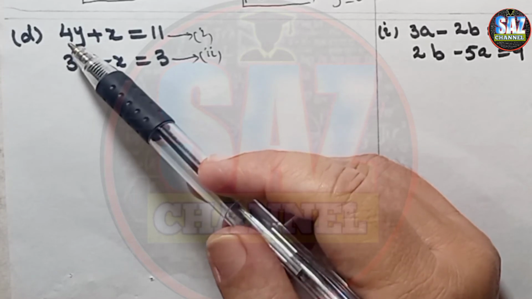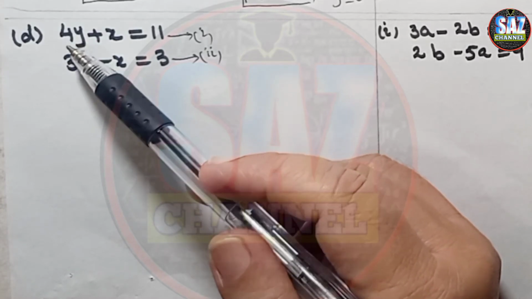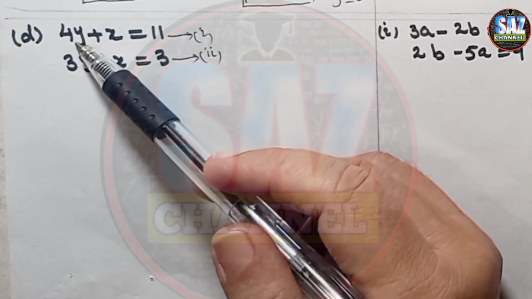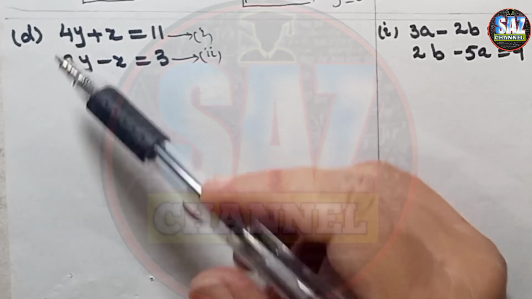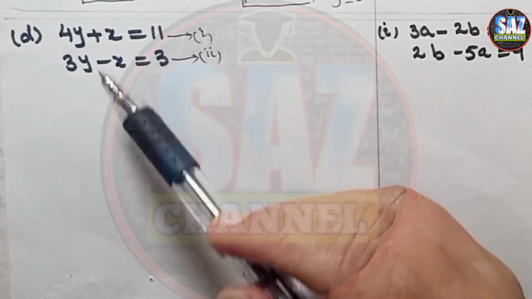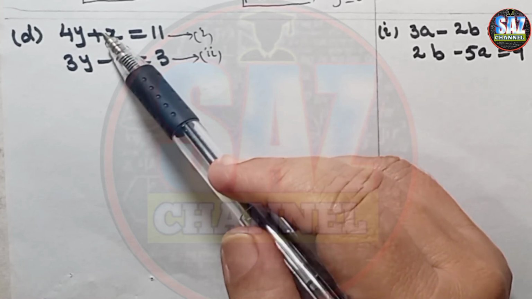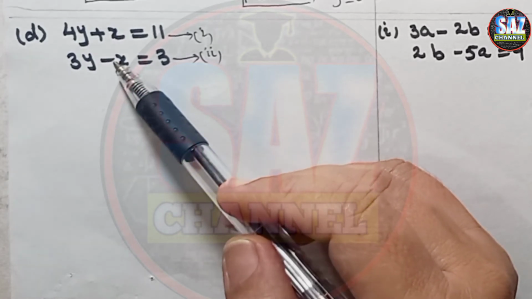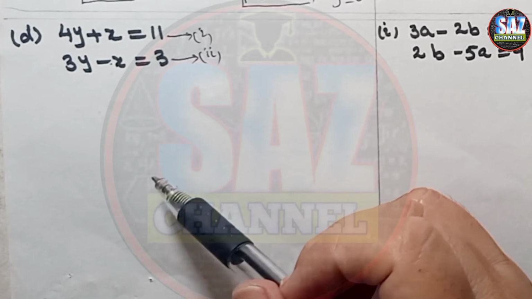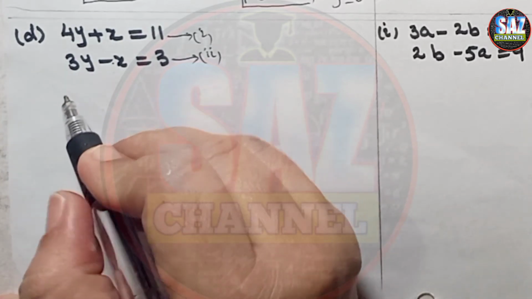If we look at the coefficients of y in both the equations, the first equation has y with 4 as the coefficient. In the second equation, the coefficient of y is 3. Now, if we check the coefficients of x in both the equations, the coefficient of x is 1 with opposite signs. So the rule applied here is same coefficient, opposite sign, add up the equations.